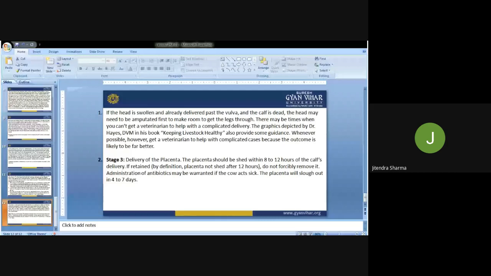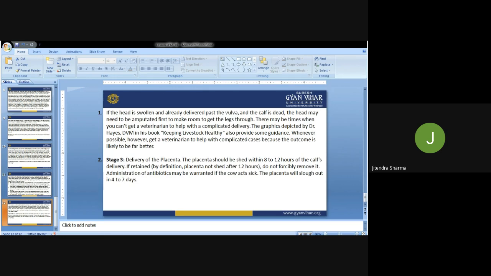After that, when the placenta comes out, nowadays there are certain ecbolic drugs, hormonal and herbal preparations, that are also available. They are responsible for enhancing uterine contraction and help in the delivery of the placental membrane from the body of the female.